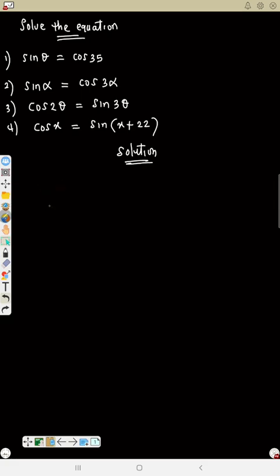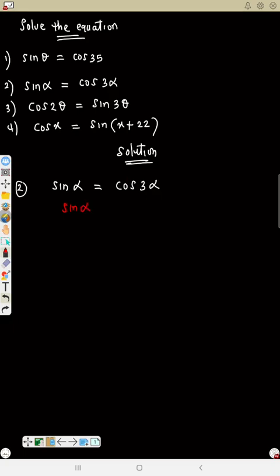Number 2: sine alpha equals cos 3 alpha. Now, which of the identity are you going to use?